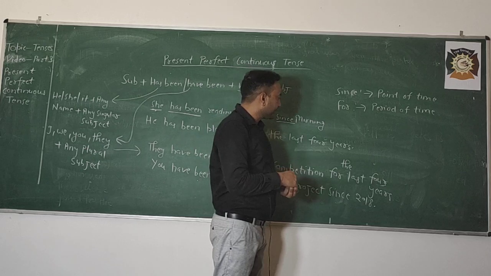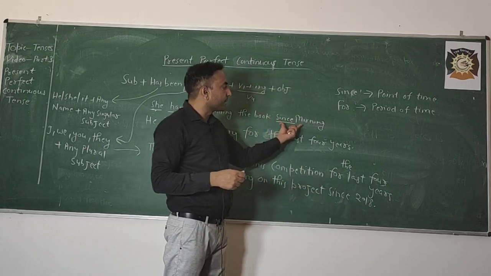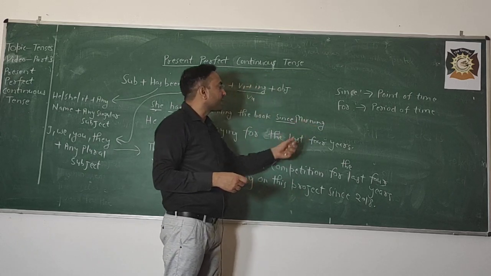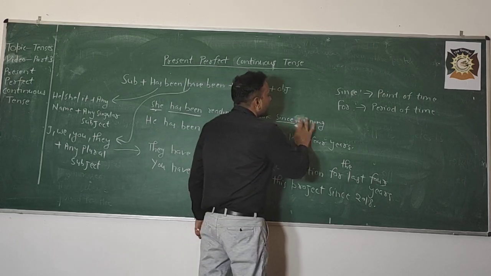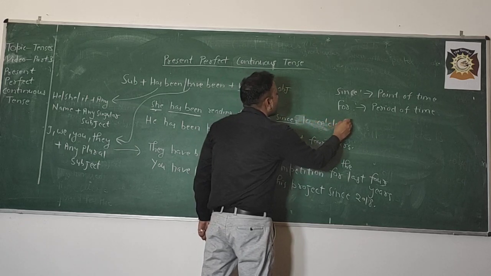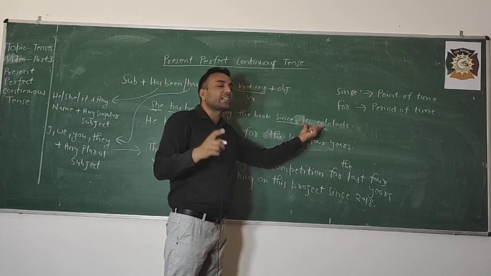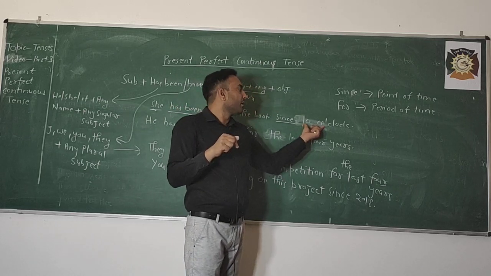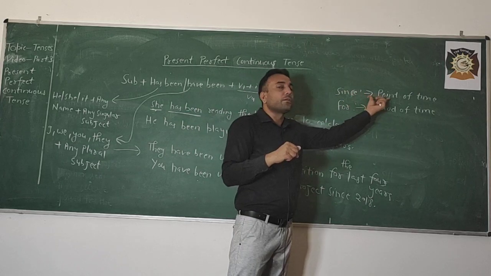If I have written since morning, or instead if I write since 10 o'clock, exact time is given. Exact time is given means fixed time is given. So that's why this is a point of time.